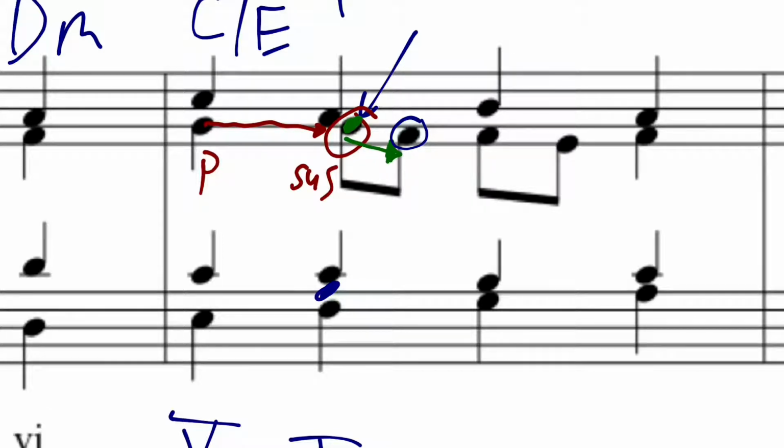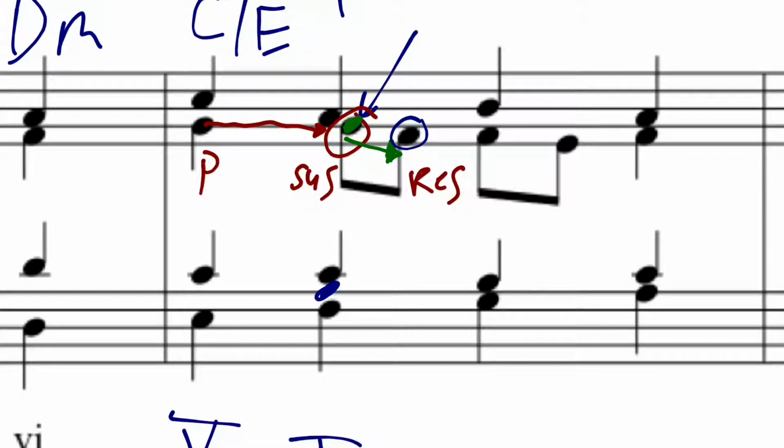And this one here, this F, it's back in our chord, back part of this F, A, C chord. So now it's called our resolution. You can just write P, S, and R, or P, then sus, and R. What type of suspension is it? Let's see how far this G is above the bass note.